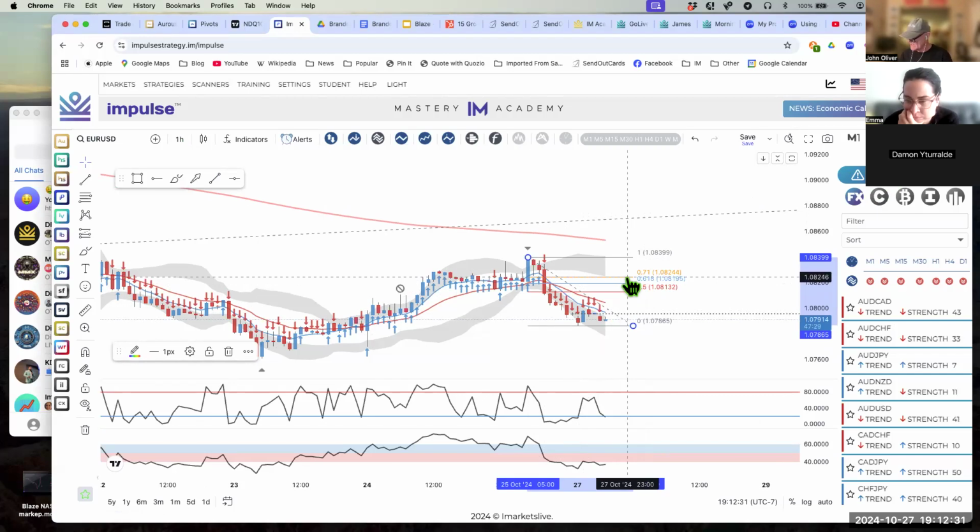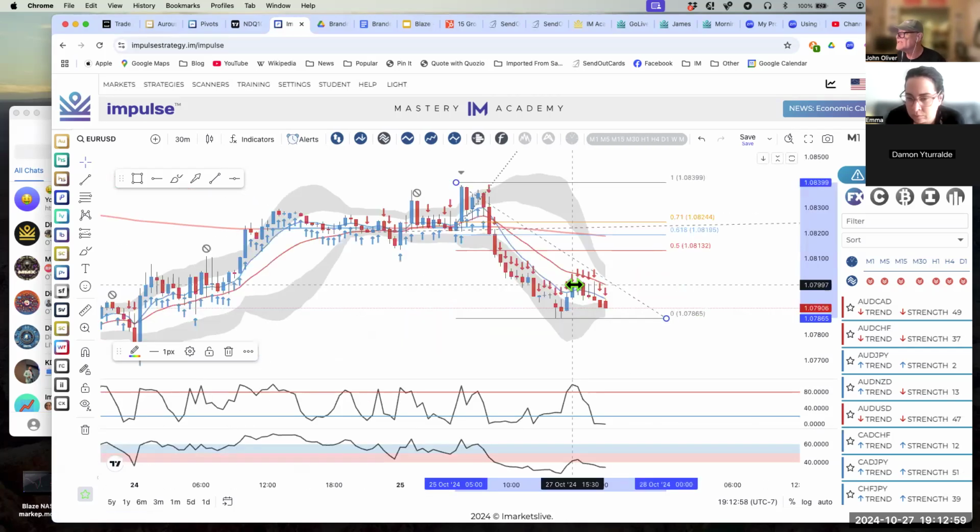So I guess I'll write this down so that we can have a look here. 1 hour EU, 71% is 1.08246. And then we'll drop down to 30-minute and see if that's about the same.